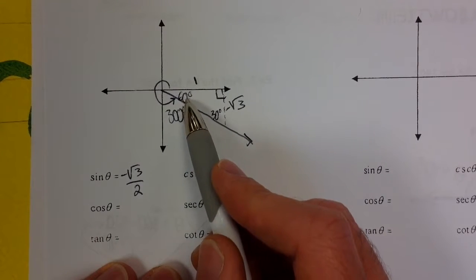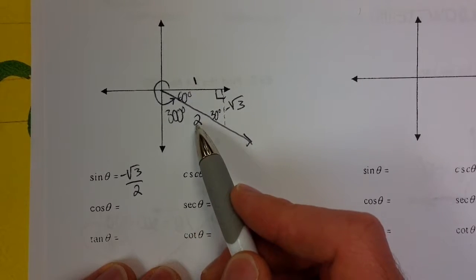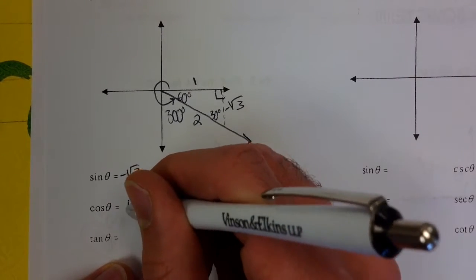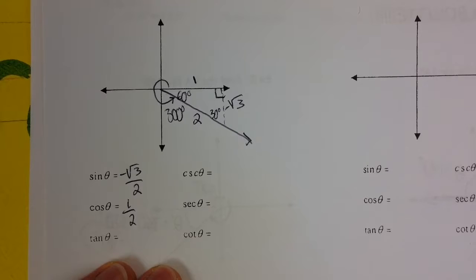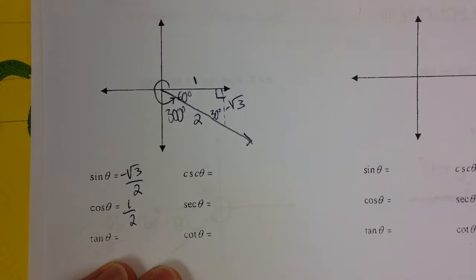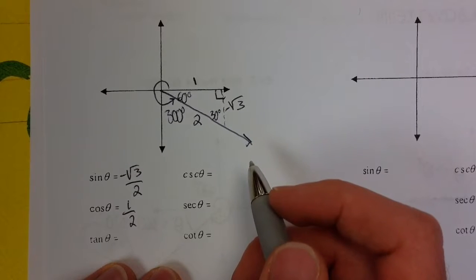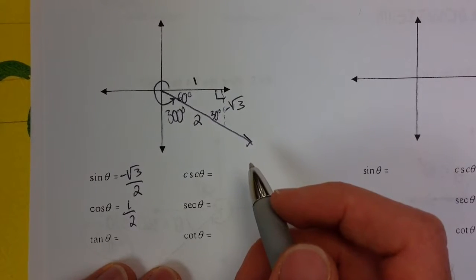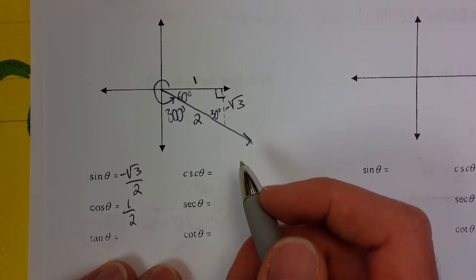So your adjacent side here is 1, and your hypotenuse is 2. 1 over 2. Good. Sue, tangent of 300 degrees? Negative root 3.